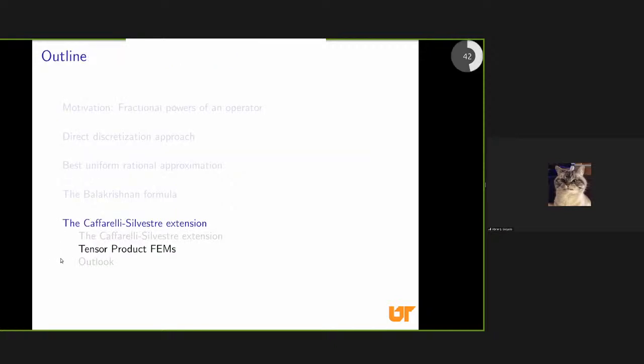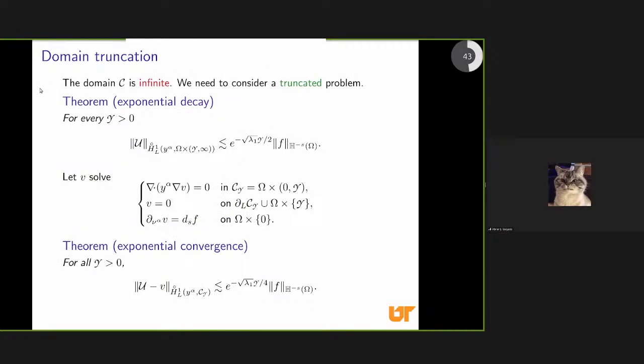So let me go to discretization. The latest version of this approach is taking advantage of the fact that we are working on a cylinder, and so we're going to do what we decided to call tensor product finite element methods. And so the first step is, well, we're dealing with finite elements.